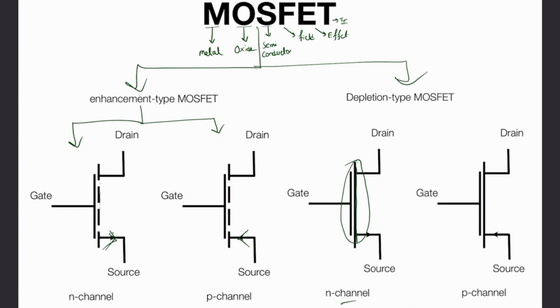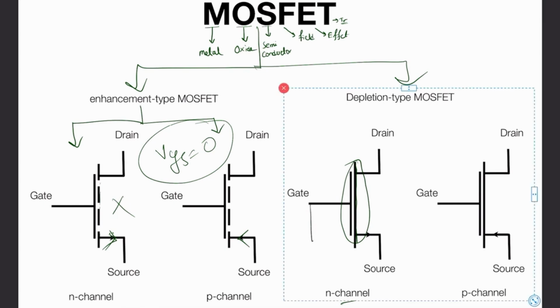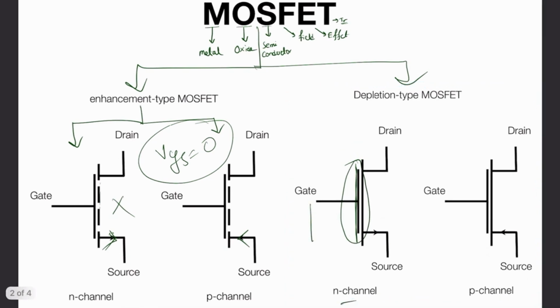That means for the enhancement type MOSFET, if VGS is equal to 0, then this MOSFET will not work. But if VGS for the depletion type MOSFET is equal to 0, we can still see current flow from drain to source, as the channel is already created. So these are the simple types of MOSFET.